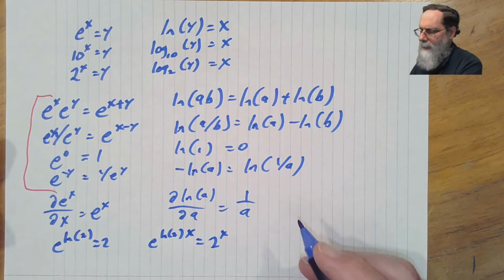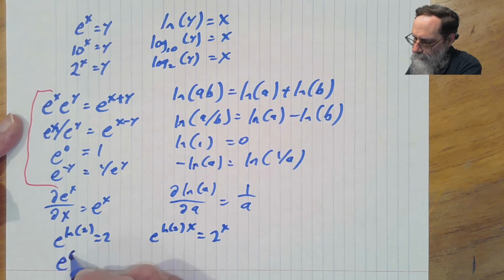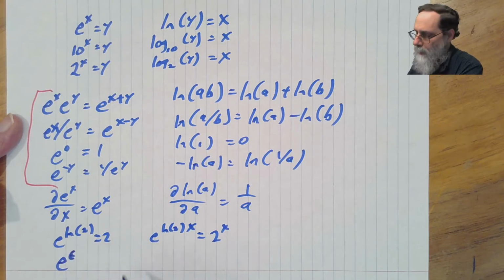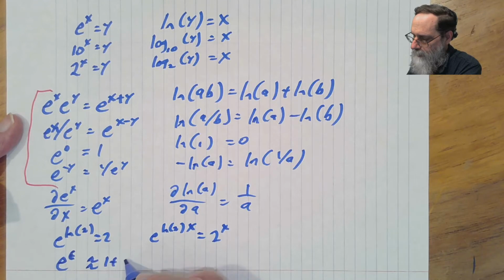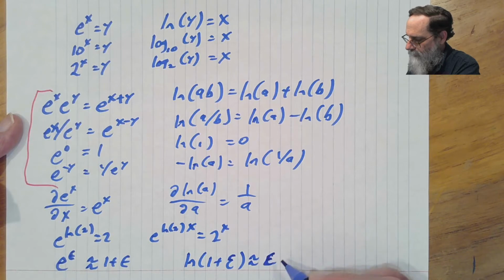One other identity that's worth knowing about: e to the epsilon for a very small epsilon is approximately 1 plus epsilon. And that means that the natural log of 1 plus epsilon is approximately epsilon.